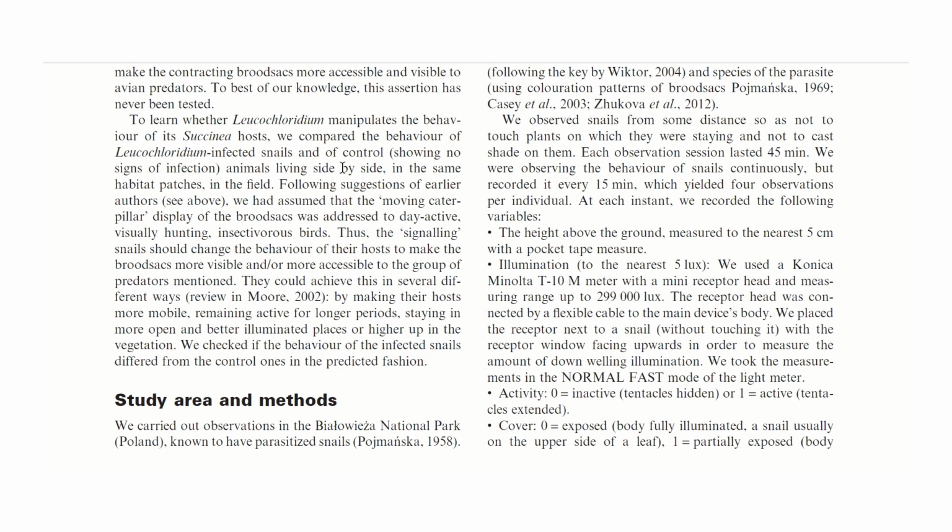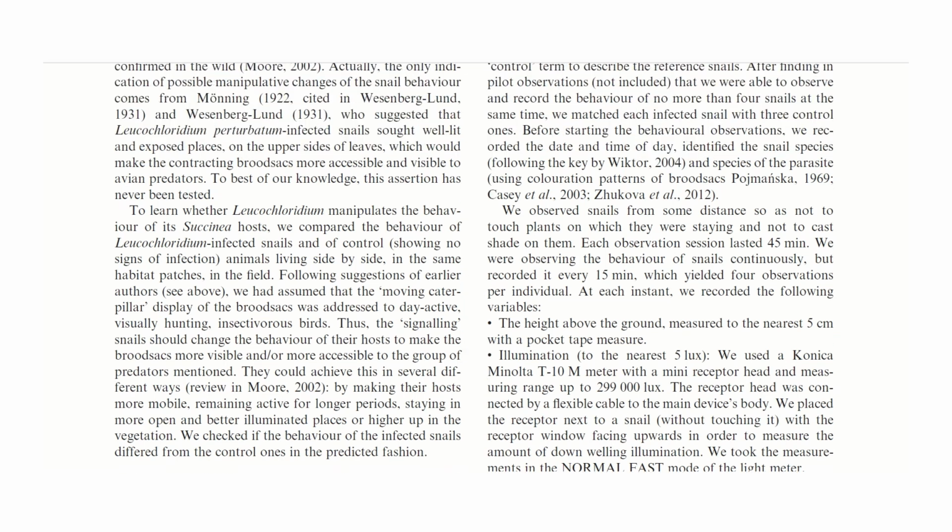It says they compare the behavior of infected and non-infected snails to see if their behavior was modified. What kind of modification were they looking for? If I go right above it, it says that previous studies suggest that the parasite caused the snails to look for well-lit or open or exposed places where they become more visible to predators.